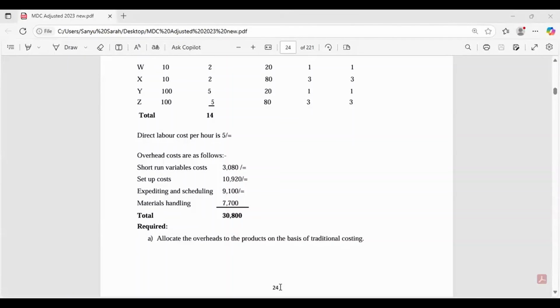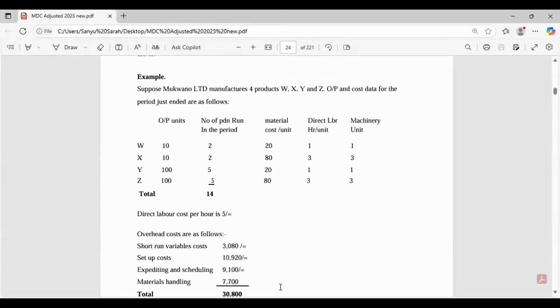But also in MDC, they don't normally ask us to compute using the traditional costing system, but they normally ask us to distinguish between the traditional and the ABC system, simply because once you know how to distinguish between those two, you can clearly explain how the two differ, and you can also illustrate by computation how they differ.